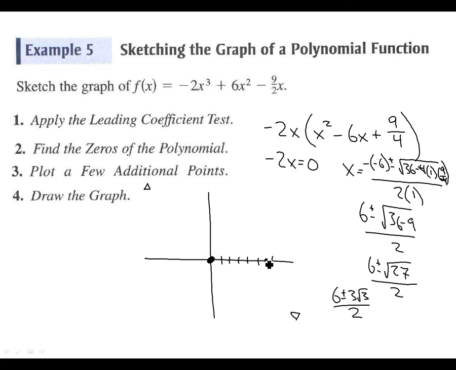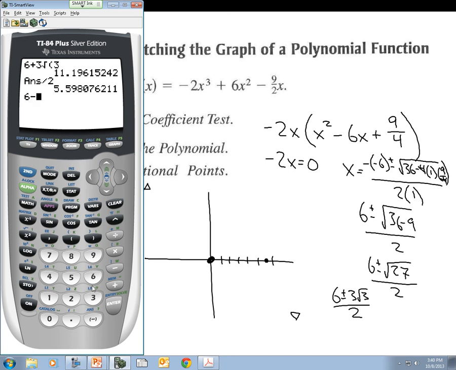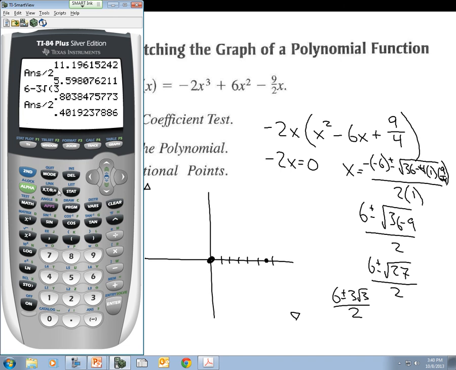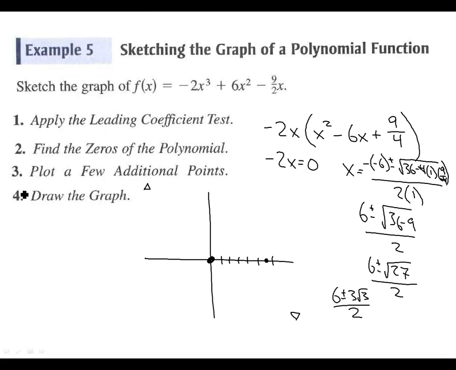And 6 minus 3 root 3, divide that by 2. And we've got 0.4, so another 0 right in here.